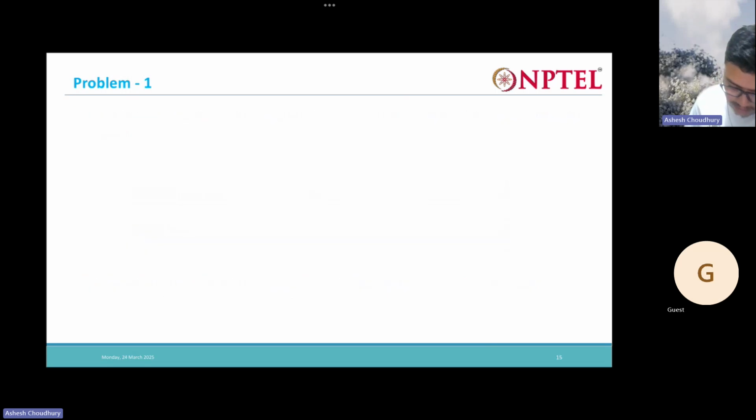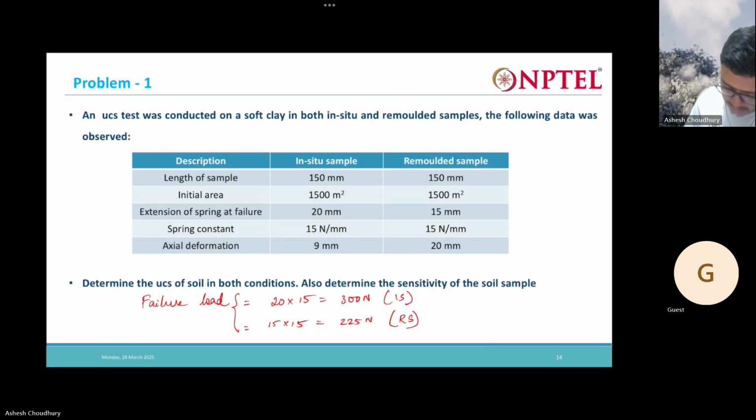Now for the in situ sample, failure load is 300 Newton. Then the corrected area at failure, in mm square.